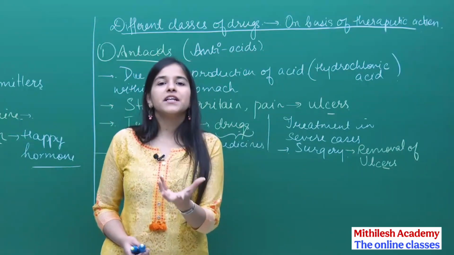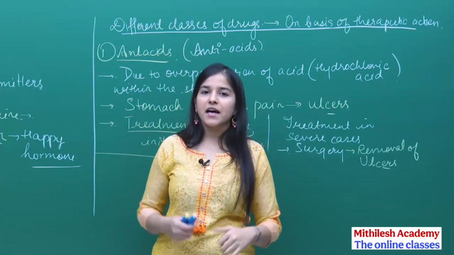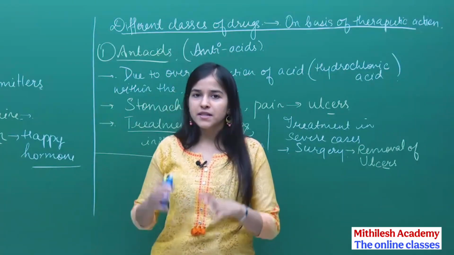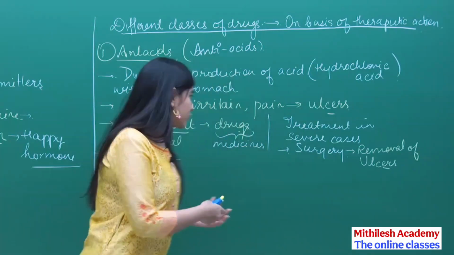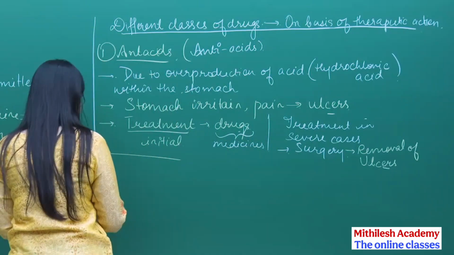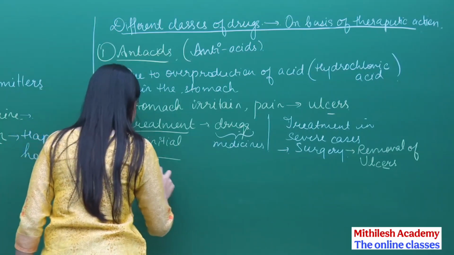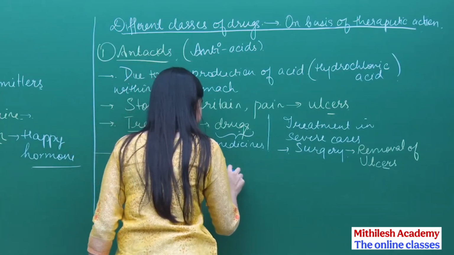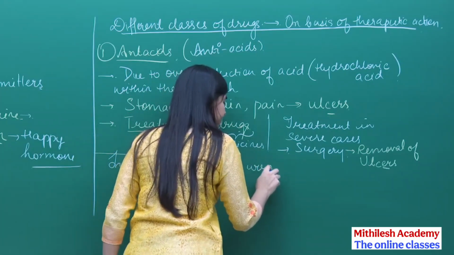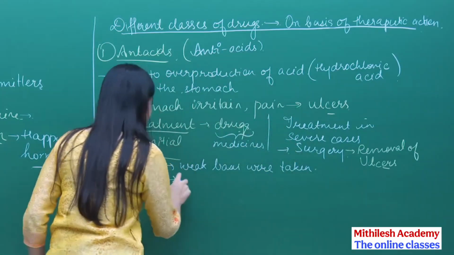For that case we need what? We need a base. So in the earlier times, what we used to have was some kind of medicines having weak bases in them. Weak bases were taken. What kind of weak bases?